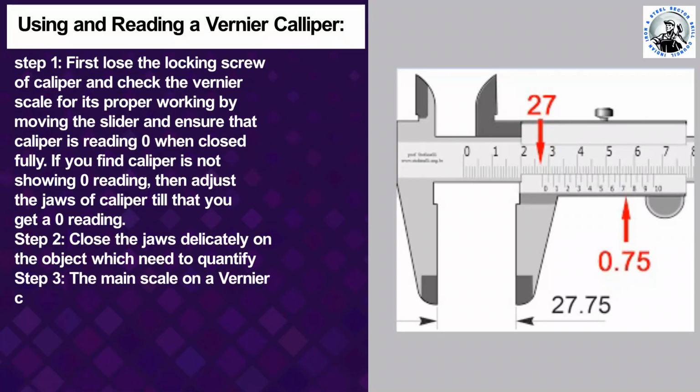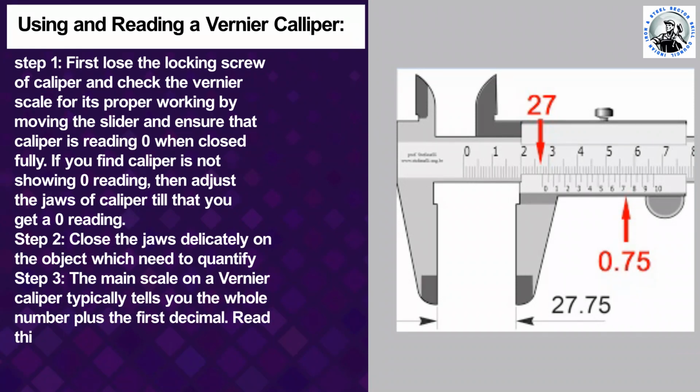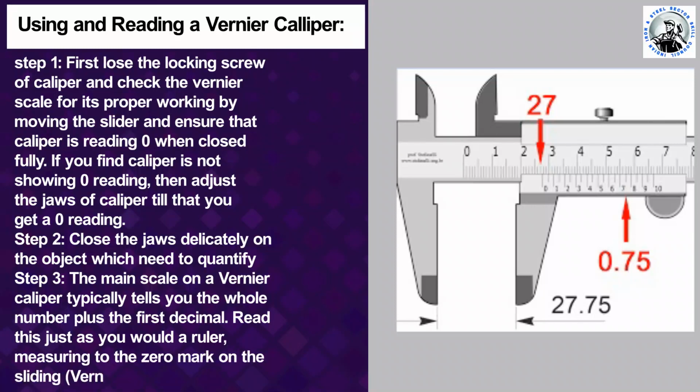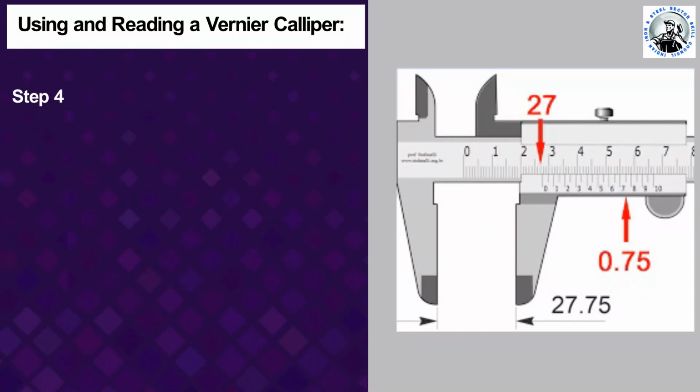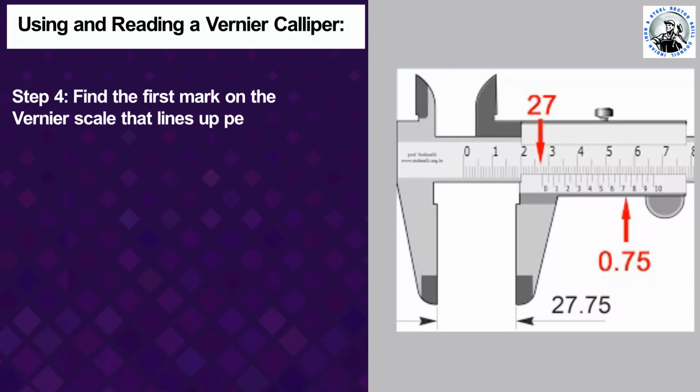Step 3. The main scale on the vernier caliper typically tells you the whole number plus the first decimal. Read this just as you would a ruler, measuring to the 0 mark on the sliding scale. Step 4. Find the first mark on the vernier scale that lines up perfectly with any line on the main scale.